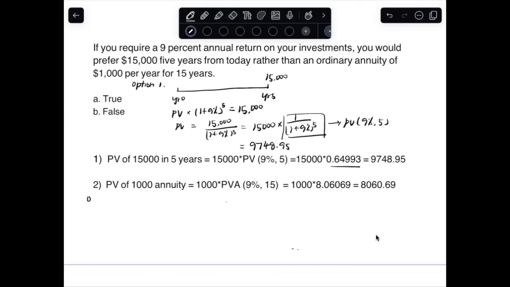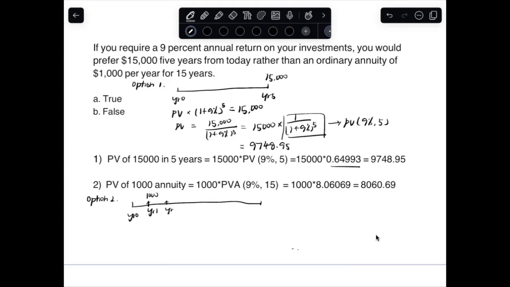Let's look at option 2. Starting from year 1, you get 1,000.